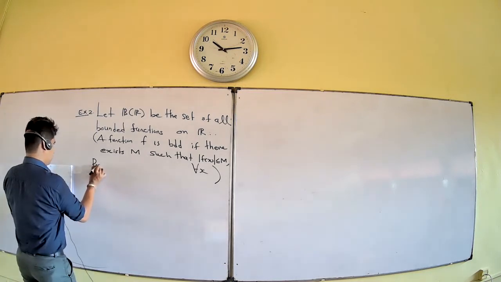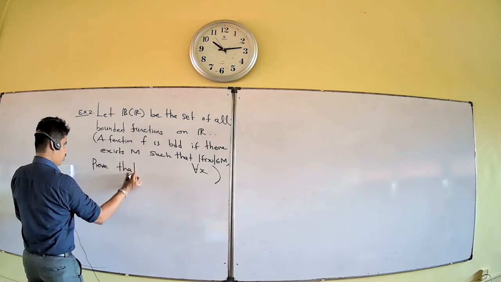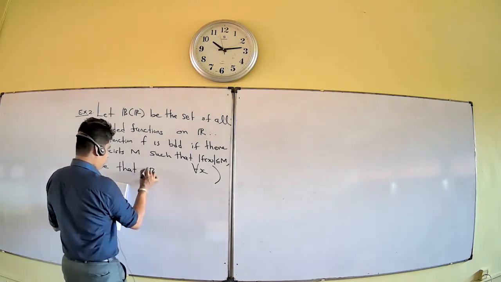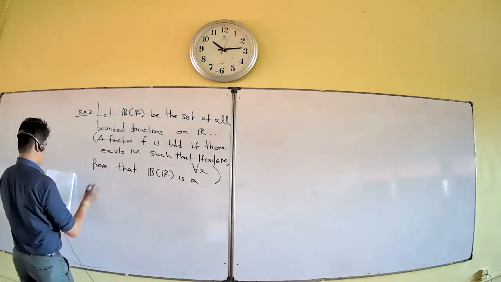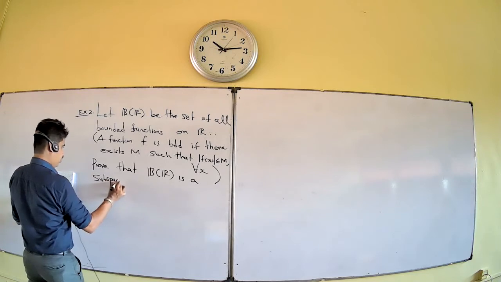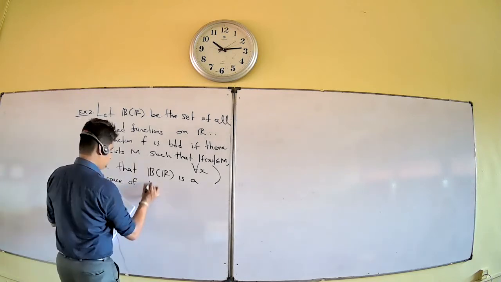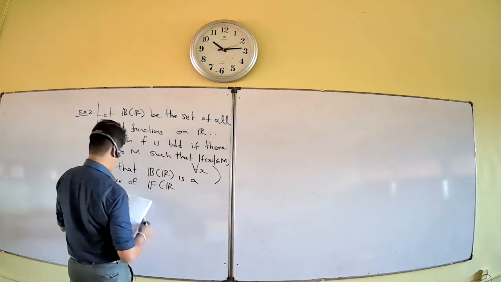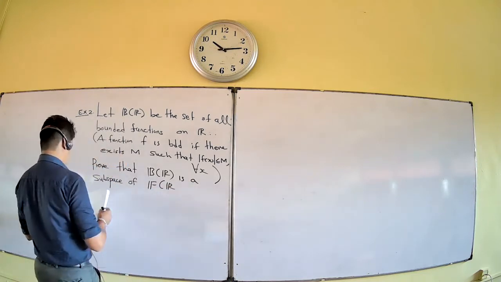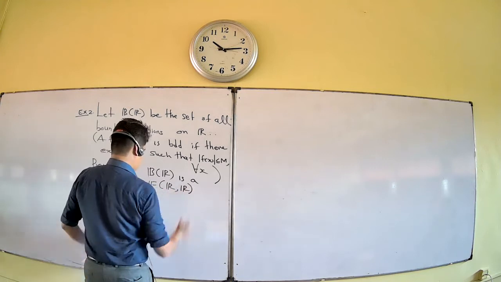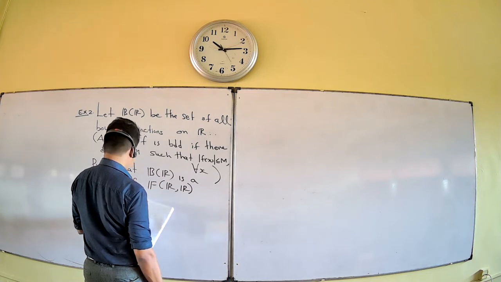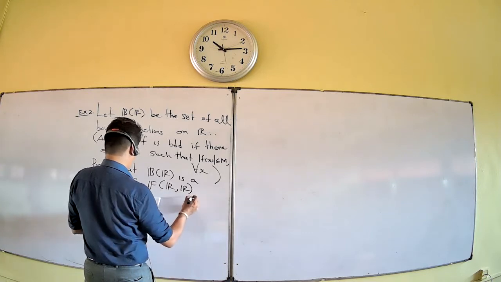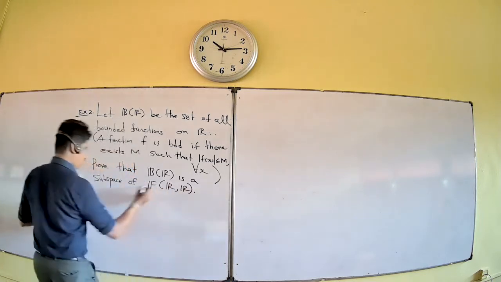Your question is: prove that the set of all bounded functions B(R) is a subspace of the set of all functions f from real numbers to real numbers, right?